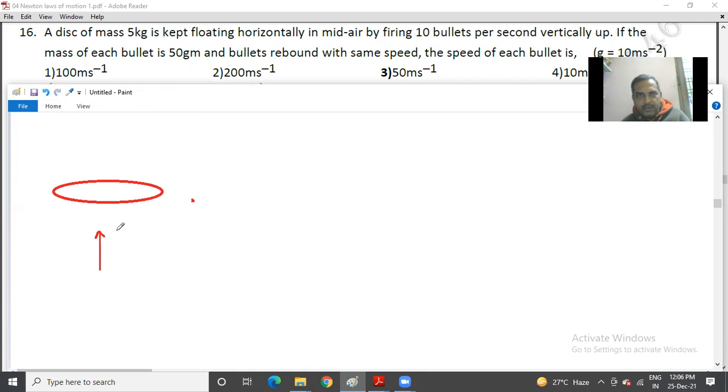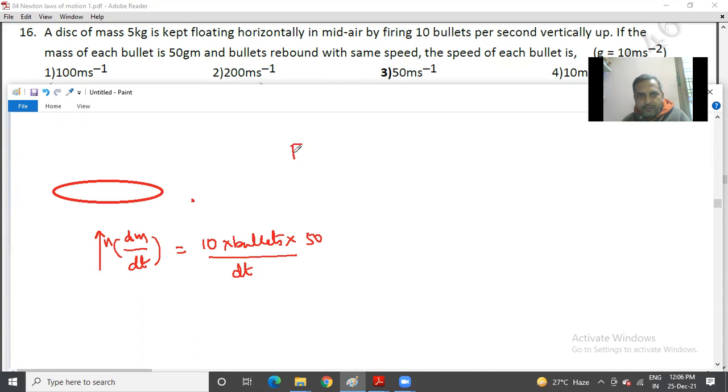Now they mentioned dm by dt with the number of bullets as 10 bullets per second, and the mass of each bullet is 50 grams, fired per unit second. And they are bouncing back with the same speed.